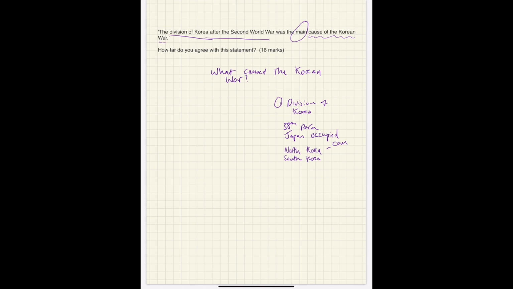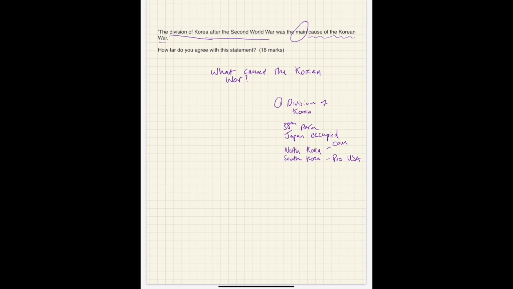Then we had South Korea, which wasn't necessarily capitalist, but it was pro USA, and it had, I guess, a capitalist economy. So we can see it, right? Because division of Korea is quite important. If Korea wasn't divided, then there wouldn't have been a problem necessarily. So Korea is divided on the 38th parallel because Japan had occupied it during the Second World War. North Korea was communist, South Korea was pro-USA, and this, of course, was maybe an underlying factor.